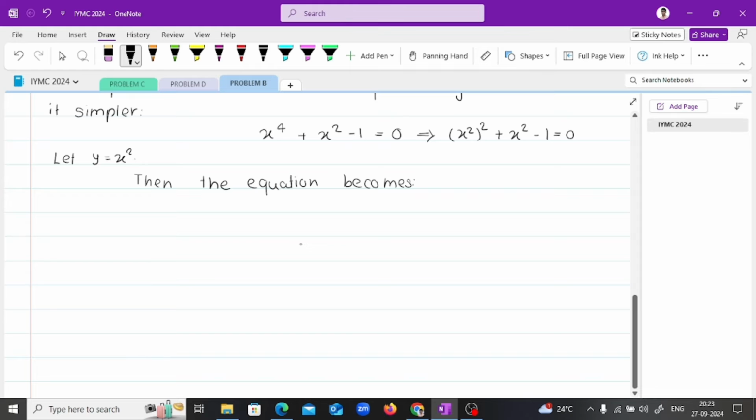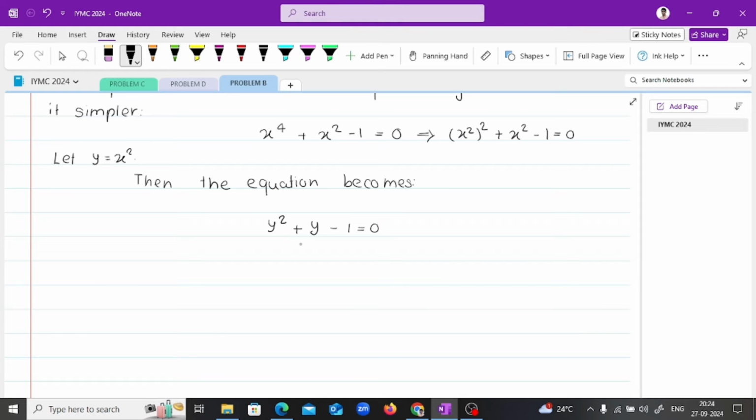If I substitute y in place of x square, the new equation will be y square, since in place of x square I have put y and the power 2 stays. Then in place of x square I substitute y, so it will be y minus 1. So our new equation will look like y square plus y minus 1.